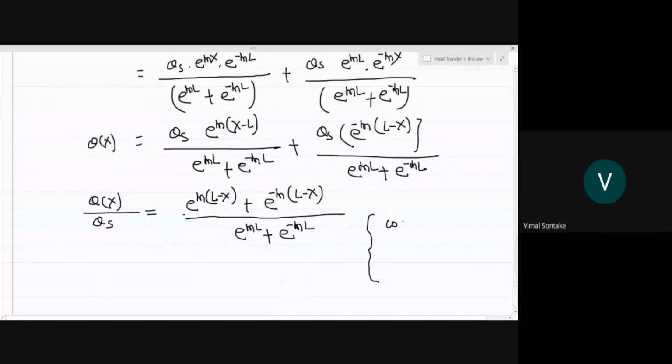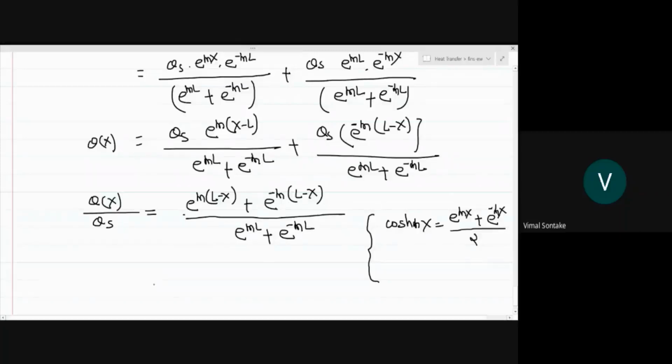Cos hyperbolic mx is equal to e to power mx plus e to power minus mx over 2. Okay, so the same thing we are getting here.